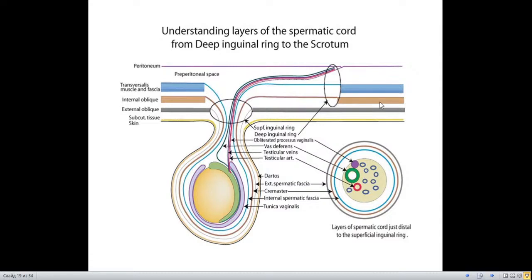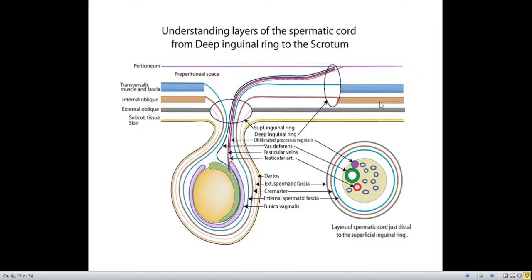Actually, mechanism of appearance of scrotum, passage of testis through anterior abdominal wall, and it pulls all these layers. So actually there are 7 layers of scrotum, and each of them corresponds to a particular layer of anterior abdominal wall. When you prepare home task, see them distinctly using this picture.